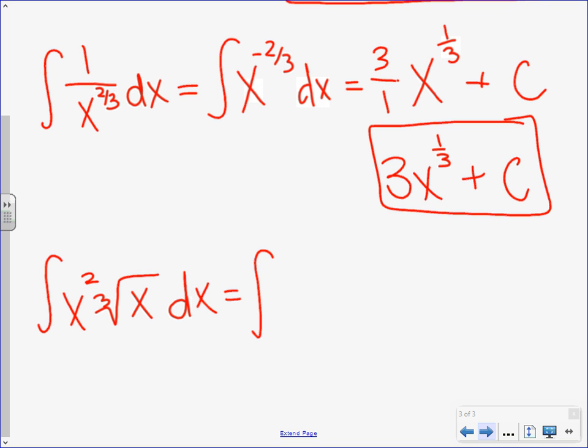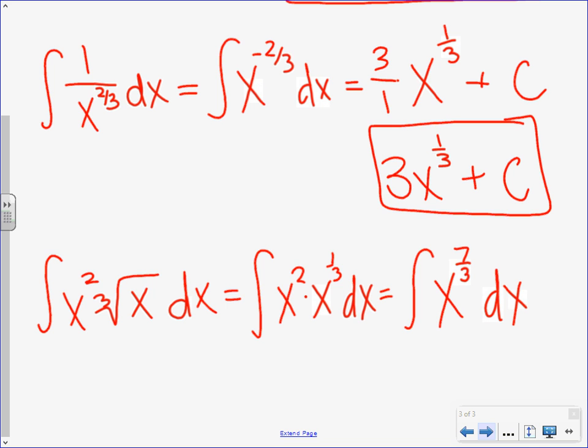You're not sure? Cubed root of x means the same as what? So we have x squared times x to the 1/3. And so then what can we do with exponents if we're multiplying? We can just add them together. So this becomes x to the 7/3 dx.